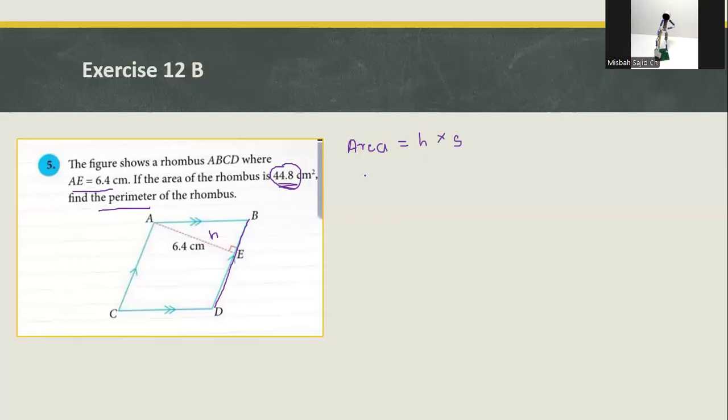Height is 6.4 centimeter, area is 44.8 centimeter square, and multiply by S, the side. So S is equal to 44.8 centimeter square divided by 6.4 centimeter. Centimeter square cancels out.